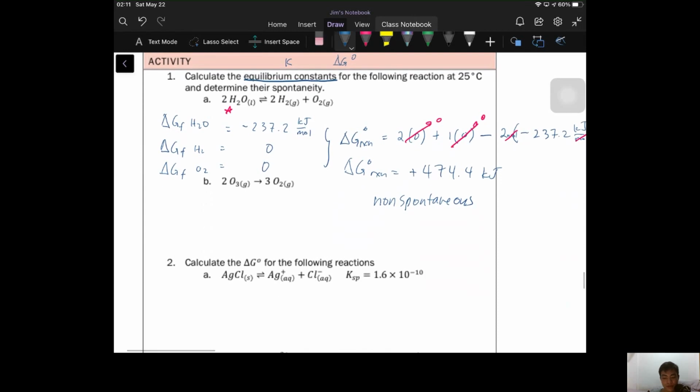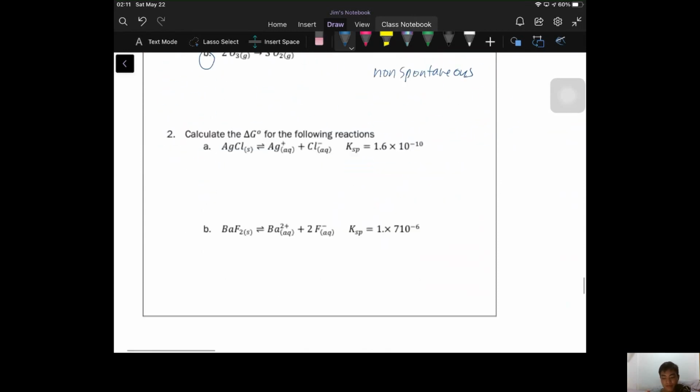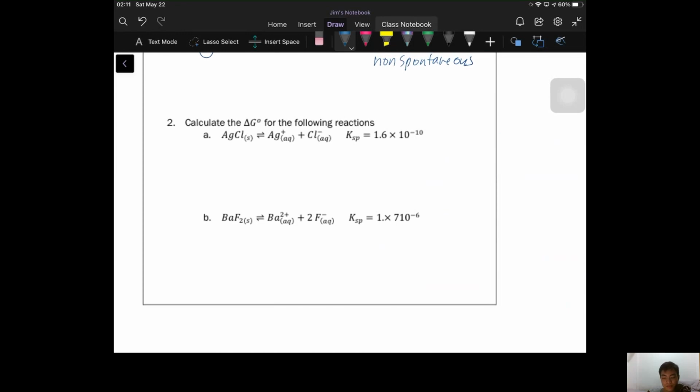So, I will give this to you as a prop set. Okay? So, dito tayo. We have number 2, letter A. So, we need to solve for delta G. Given ang K, madali na lang yan.